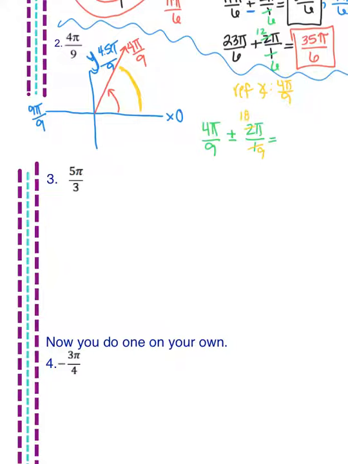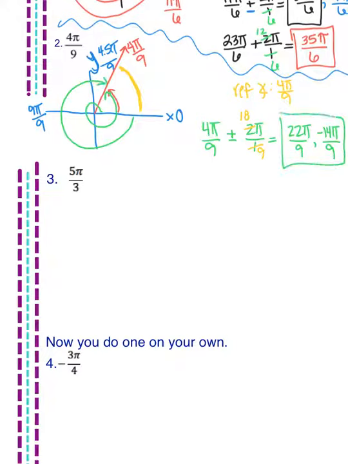So if I add 4 plus 18, I get 22 pi over 9. So that angle right there would mean I go around once and then I land on that terminal side. If I subtract, I'll take 4 minus the 18, which is a negative 14 pi over 9. And that would be the angle where I'm rotating in the clockwise direction, going like this.